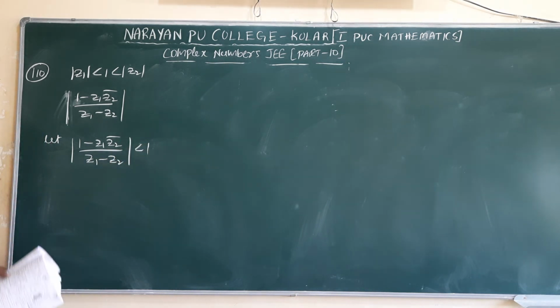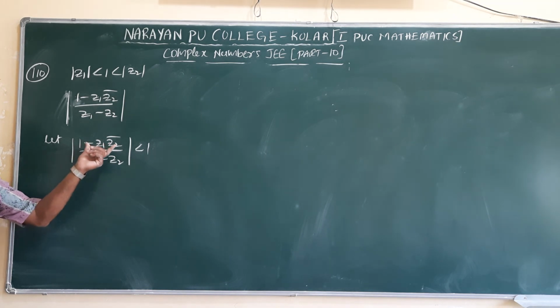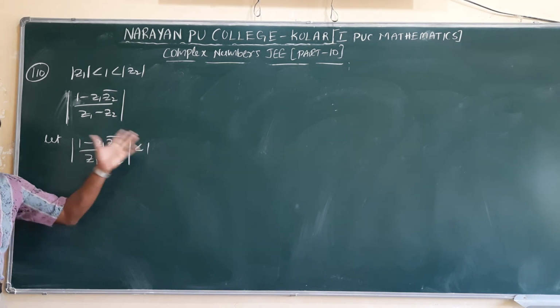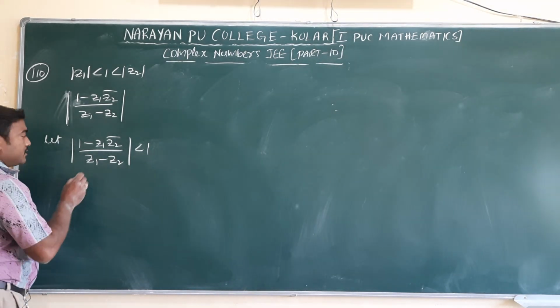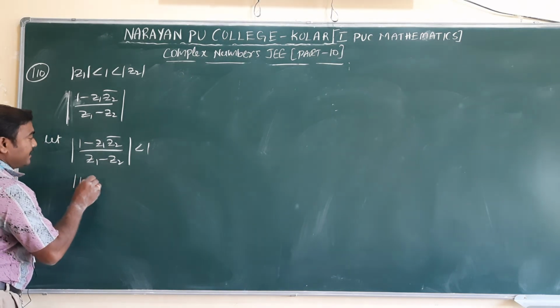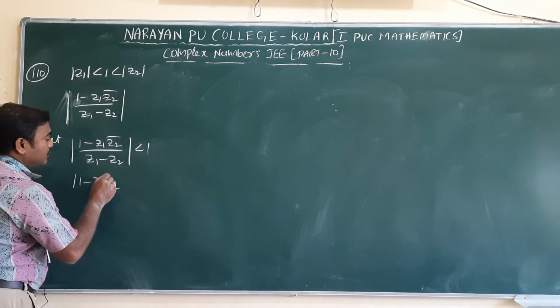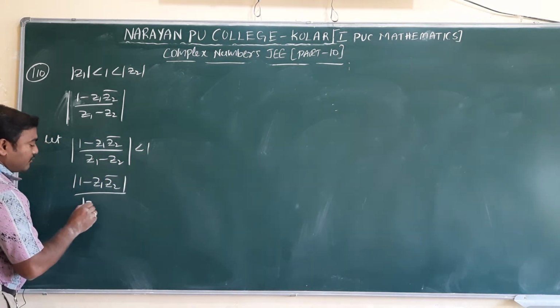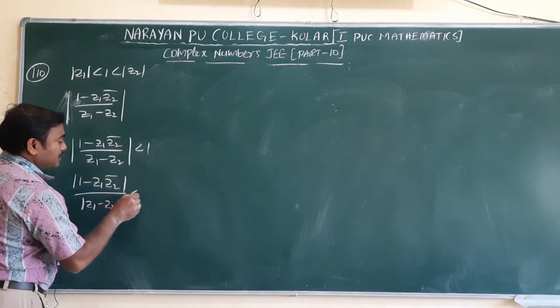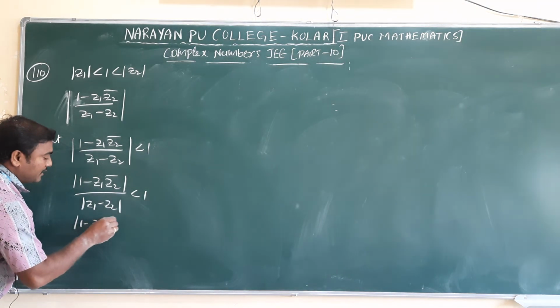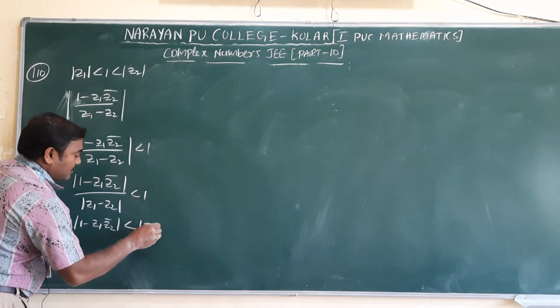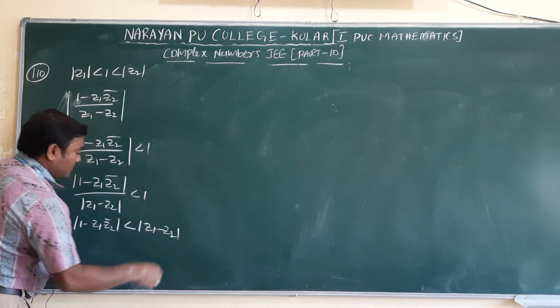Let us consider here. So modulus of 1 minus z1 into z2 bar, modulus of z1 minus z2 is less than 1. So modulus of 1 minus z1 into z2 bar is less than modulus of z1 minus z2.